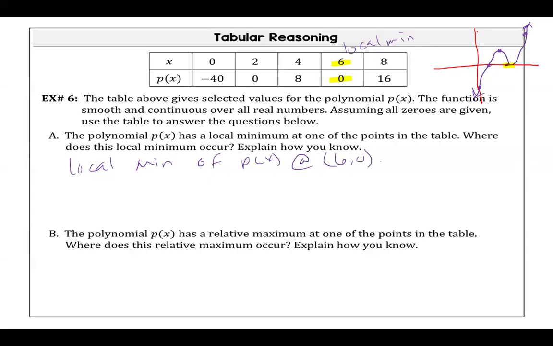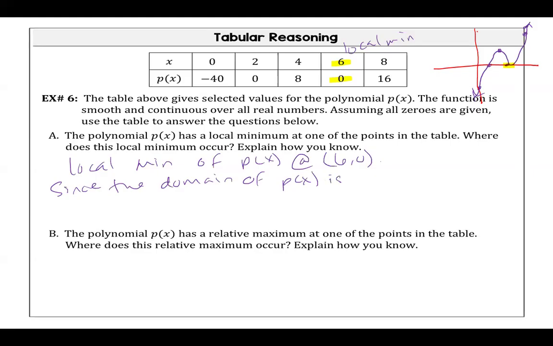How do I know that? Well, one, what's the domain of this? What's the domain? I'm going forever to the left and right, guys. There we go. All real numbers.